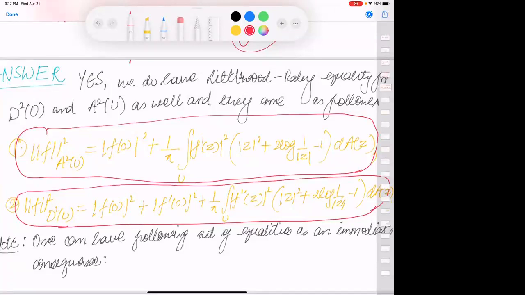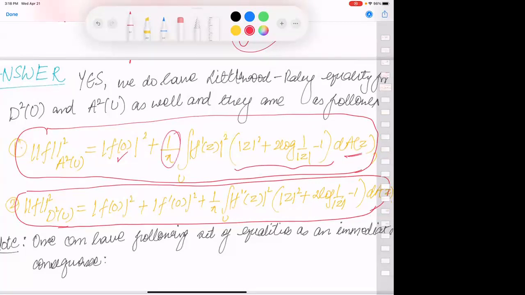So for Bergman, as I told you earlier, I'm presenting with A to U. The norm of Bergman is equal to the absolute value of f of 0 squared, plus the integral of the absolute value of f prime of z squared multiplied by this weight. The weight is the absolute value of z squared plus 2 log 1 over z minus 1, with respect to area measure, and you take the mean as 1 over pi.